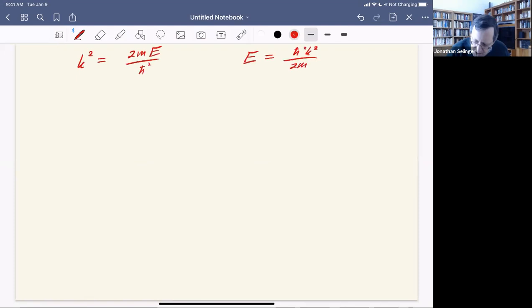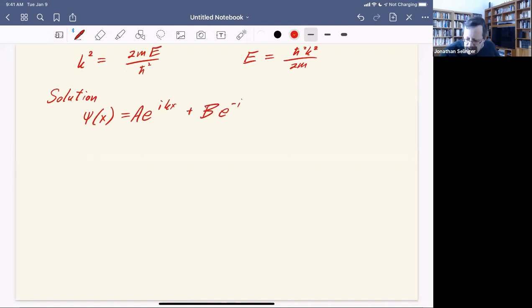Then the solution for the time-independent Schrodinger equation, we could write with complex exponentials as one coefficient A times e to the ikx plus another coefficient B times e to the minus ikx. This satisfies the time-independent Schrodinger equation.